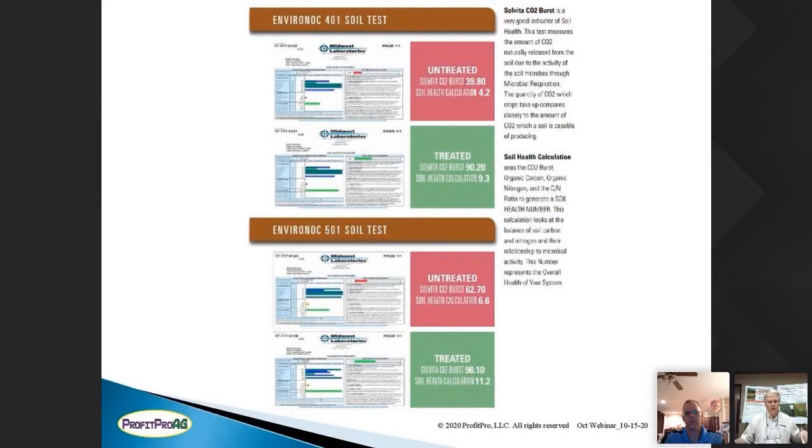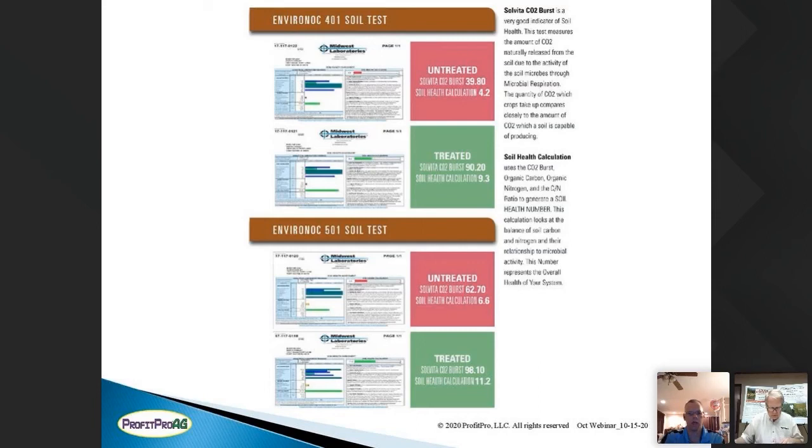Now here's another one. You're not going to be able to really see this one, but I'll kind of explain it to you. The top one, the chart, is a use of one of our biologicals we call 401. Okay, and this is using the Sylvania test that you can have done at a lab like Midwest Labs.